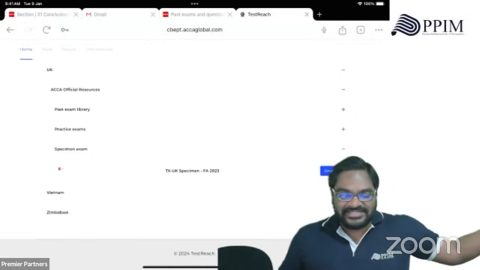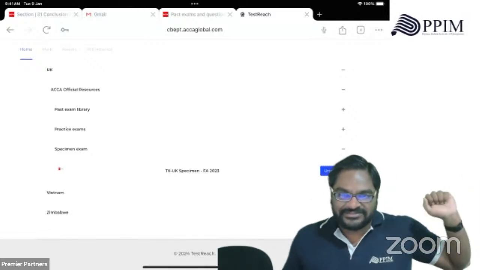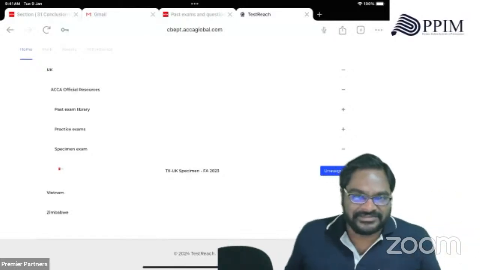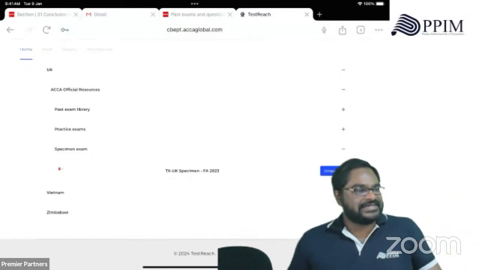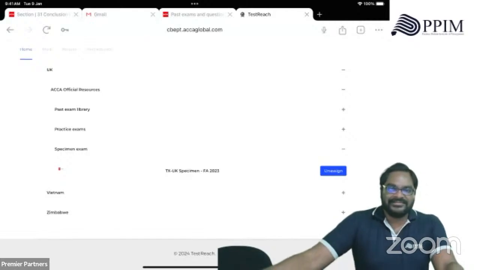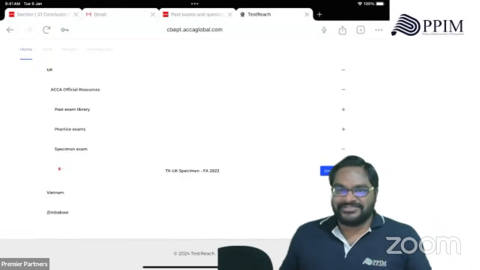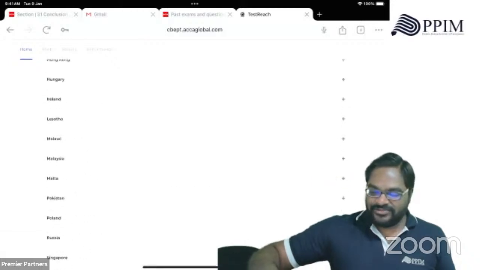Right. Can you see one specimen is there? FA 2023. And you have an option saying assign, a blue color button. Click that. Then on the left side, you will see something like this.